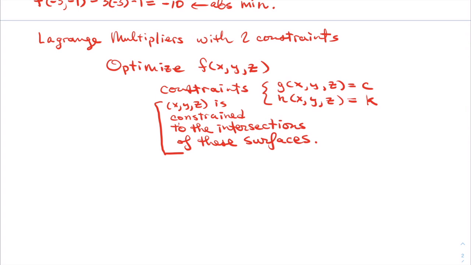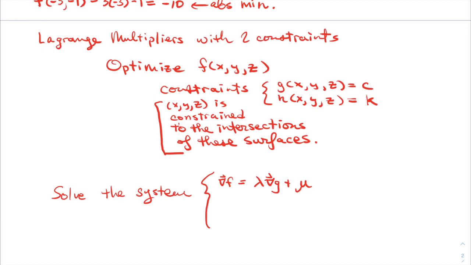Okay, so basically the process is we want to solve the system, and it's similar to the one constraint Lagrange method, but here you're going to do the gradient of f equals lambda times the gradient of g. But now there's another constraint, so you do the same thing, but the multiplier has to be different. So we're going to use mu times the gradient of h.